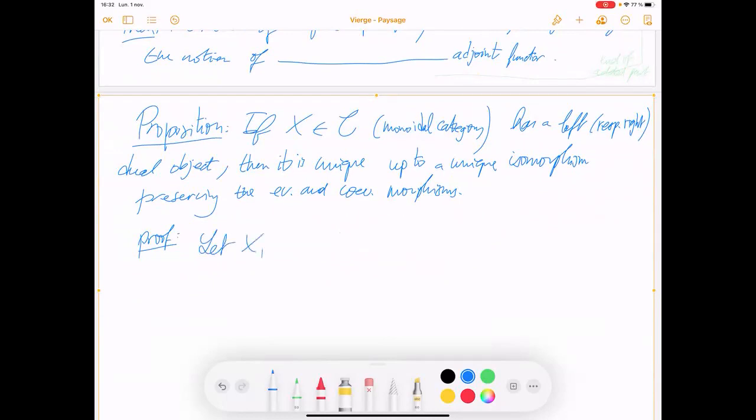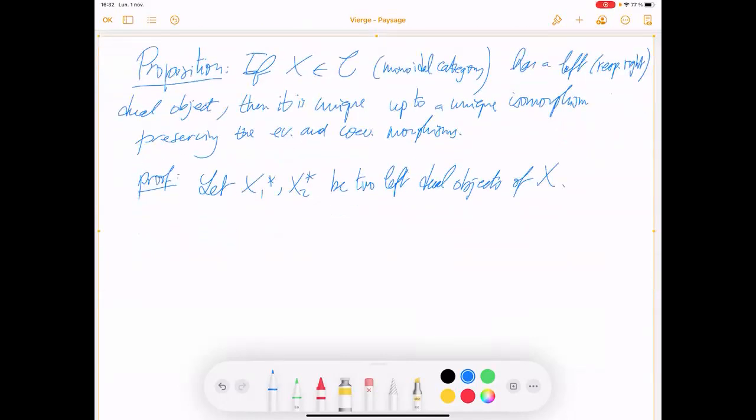So you take two objects of X. Let E1, C1, E2, C2 be the corresponding evaluation and co-evaluation morphisms.